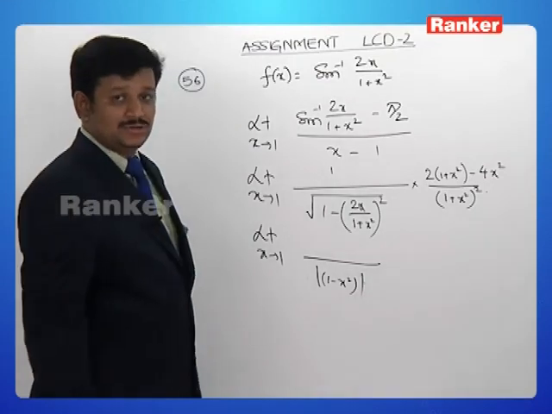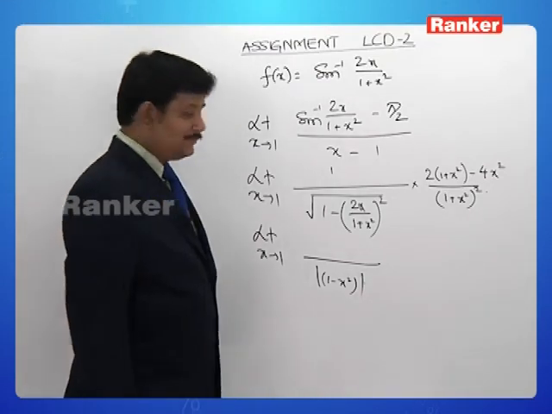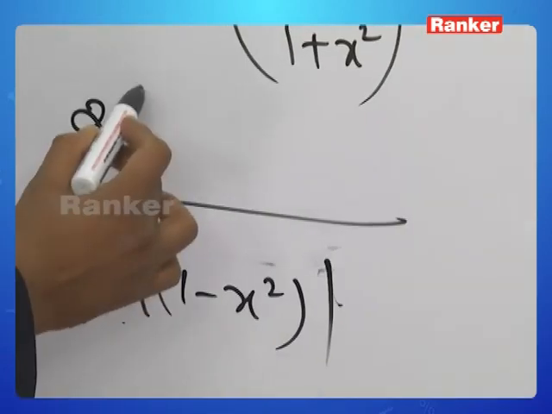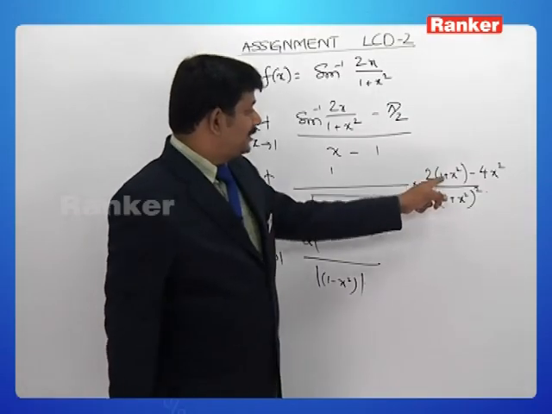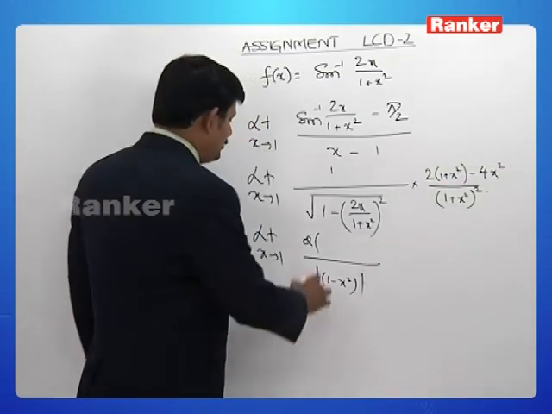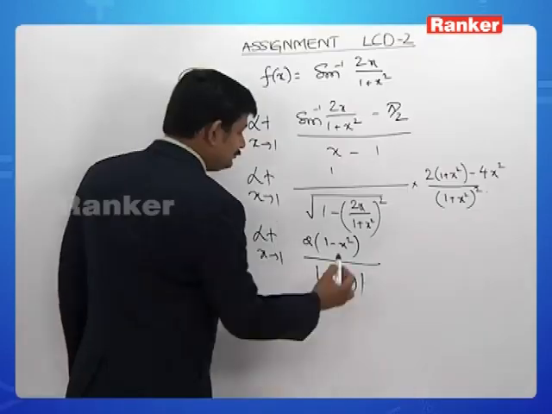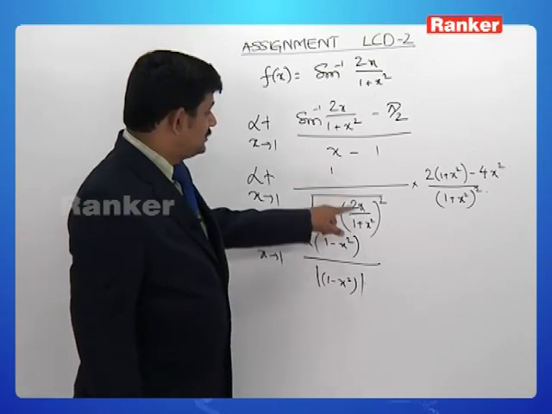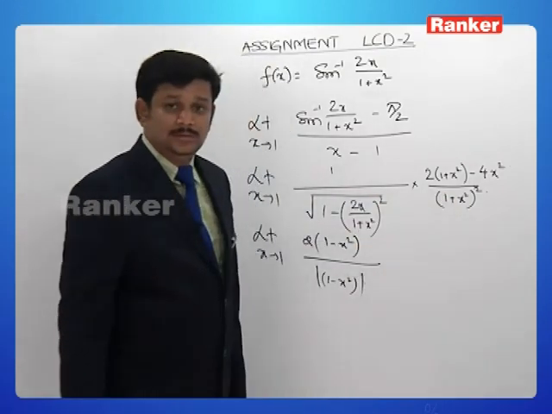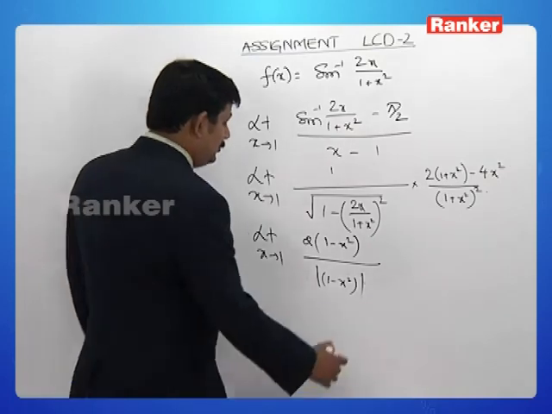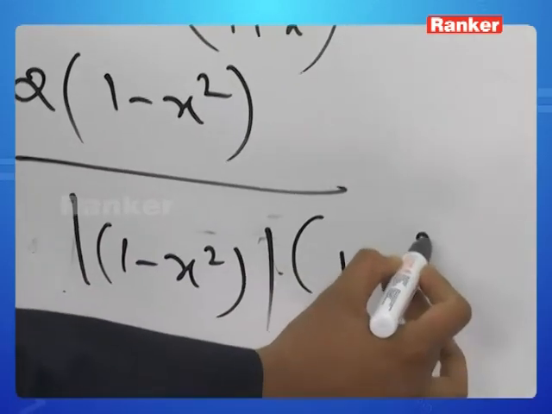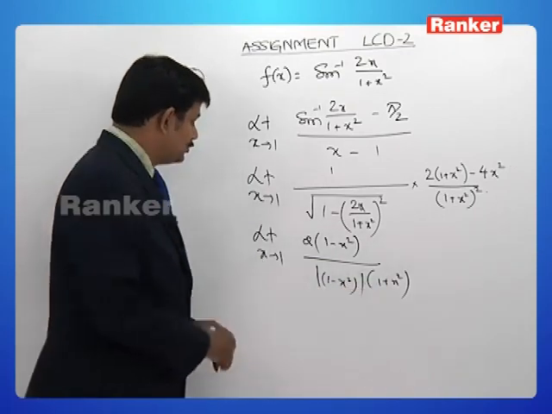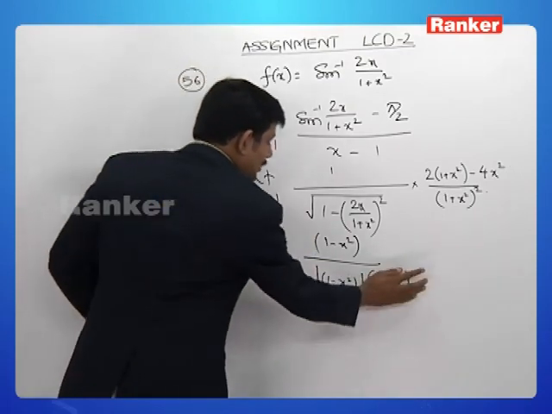Root over x square is not x, it is mod x. Then we have 2 into 1 plus x square minus 2x square, 1 minus x square. Then we have cancelled out 1 plus x square, we will be left with one more 1 plus x square. As x extends to 1, 1 plus x square is 2, we can cancel out this 2 and 1 plus x square.